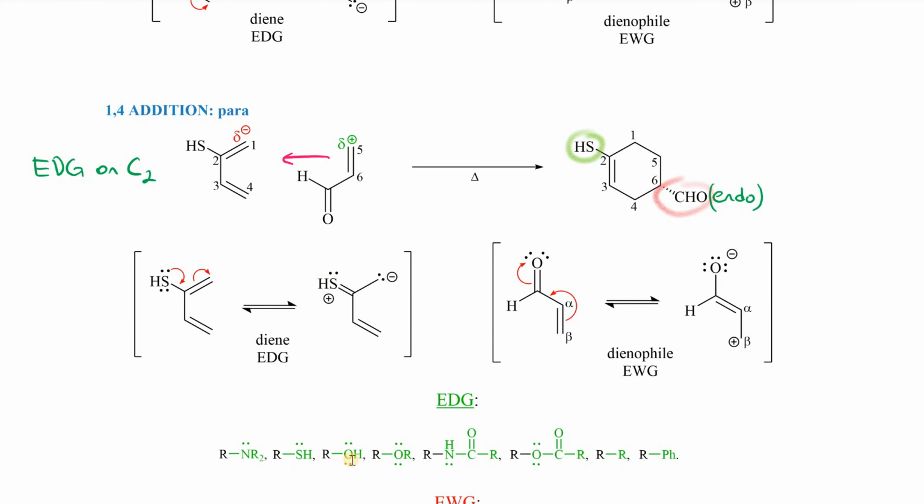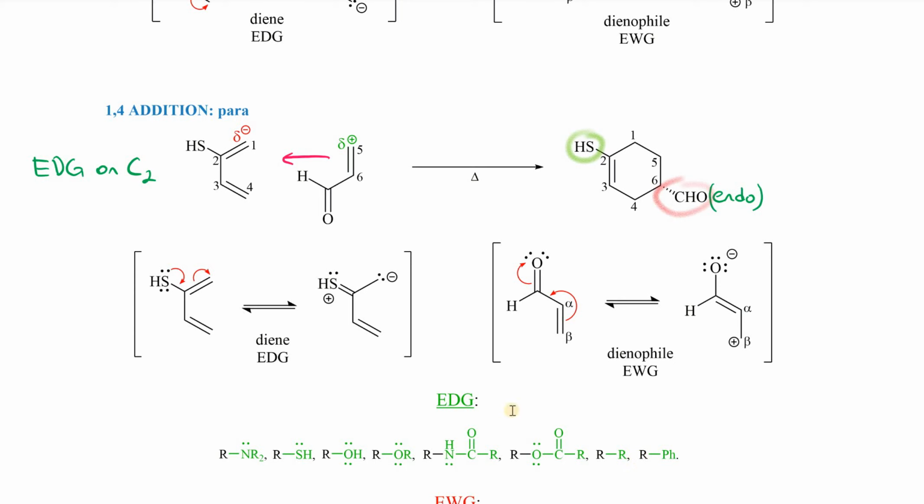Amines, sulfhydryl, alcohols or ethers, even amides are all very good electron donators. Esters, alkyl groups, and even phenyl groups are less so, but these are all groups classified as electron donators, either by resonance if they have lone pairs, or by the inductive effect if the electron donation is happening by some other means, for example, hyperconjugation.